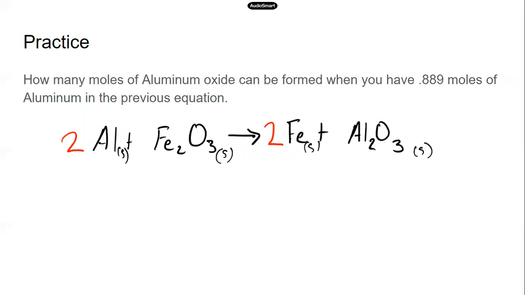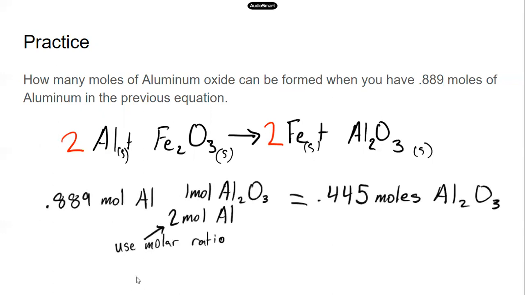So we're going to start out with our 0.889 moles, and then do our dimensional analysis, and use our mole ratio, going from the 2 moles of Al is equal to 1 mole of Al2O3. And then that's our answer. Right here, we use our molar ratio.